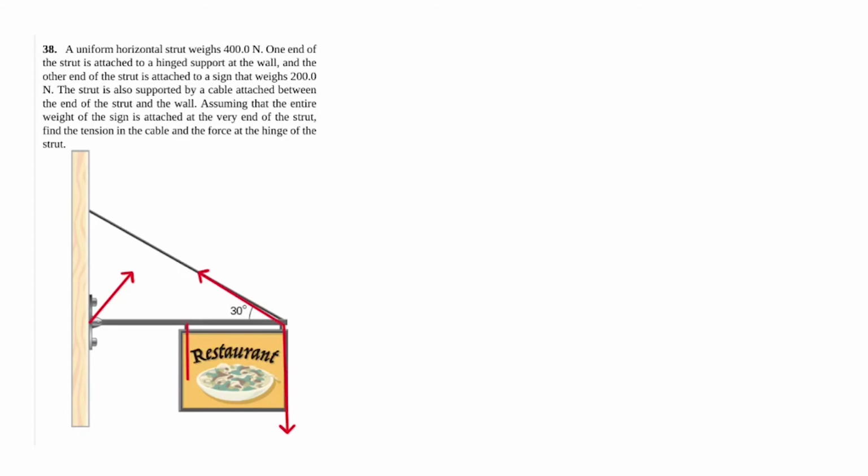So those are the forces that you see that I explained. That is 400 newtons. This is 200 newton. Tension and the force. Well, we know we got to resolve that force into its components. So depending on how you take the angle, you would get the x and the y components.